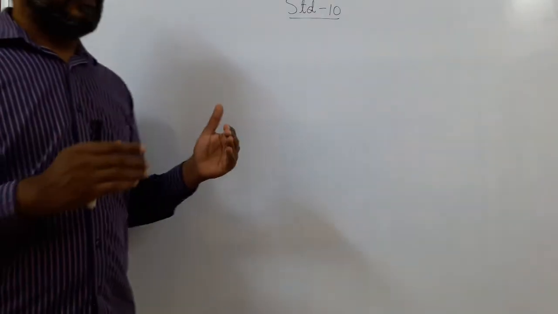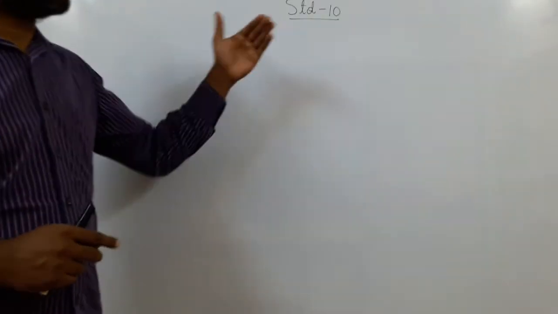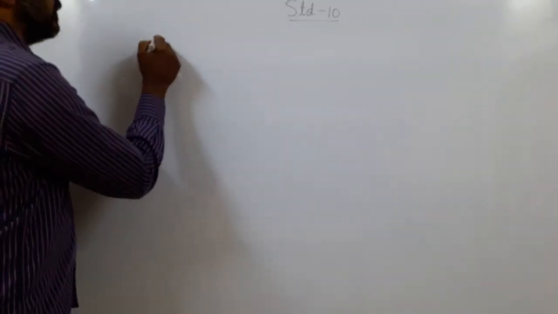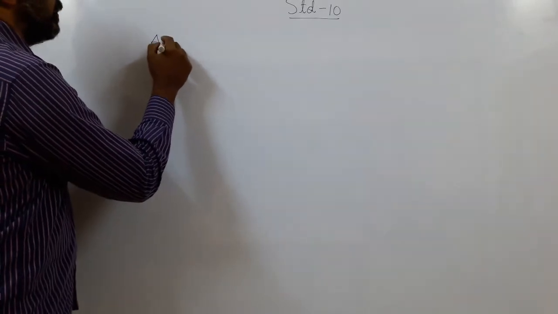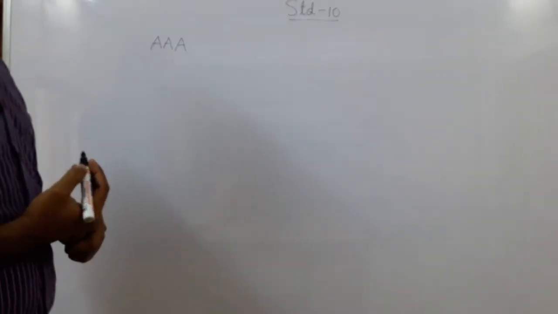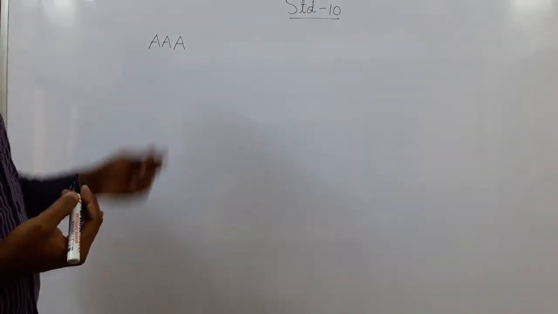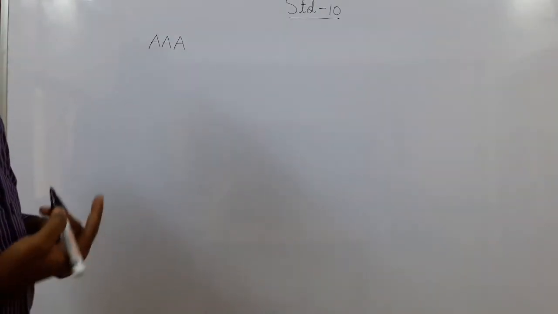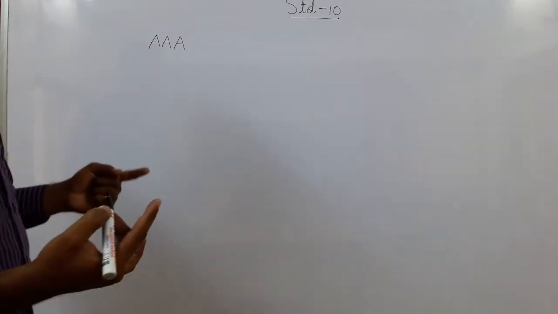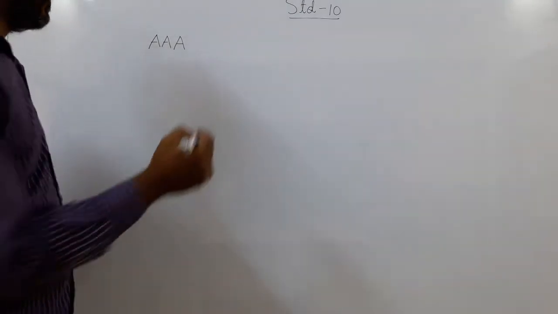After these two conditions, we saw certain theorems. Let us note down the theorems we had done. First, the AAA similarity criterion: if all three corresponding angles of two triangles are equal, then the triangles are similar and the ratio of the sides will be equal.